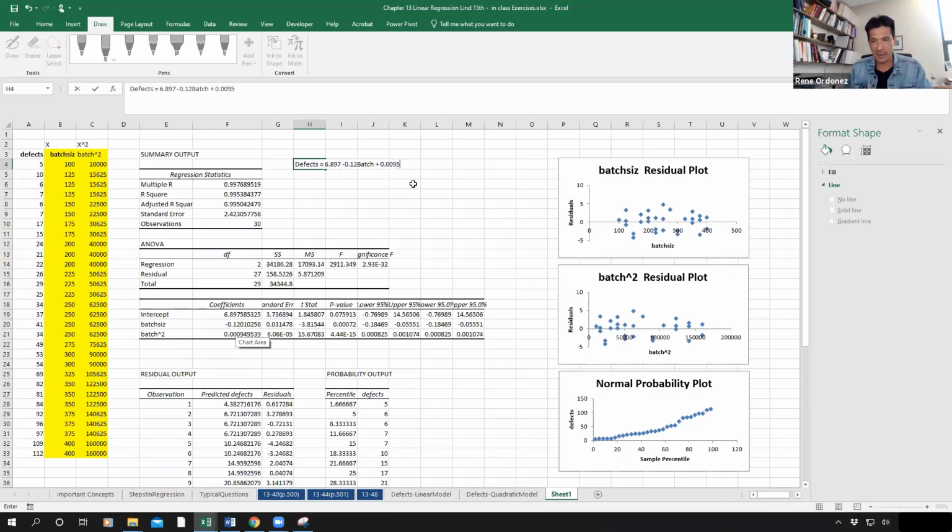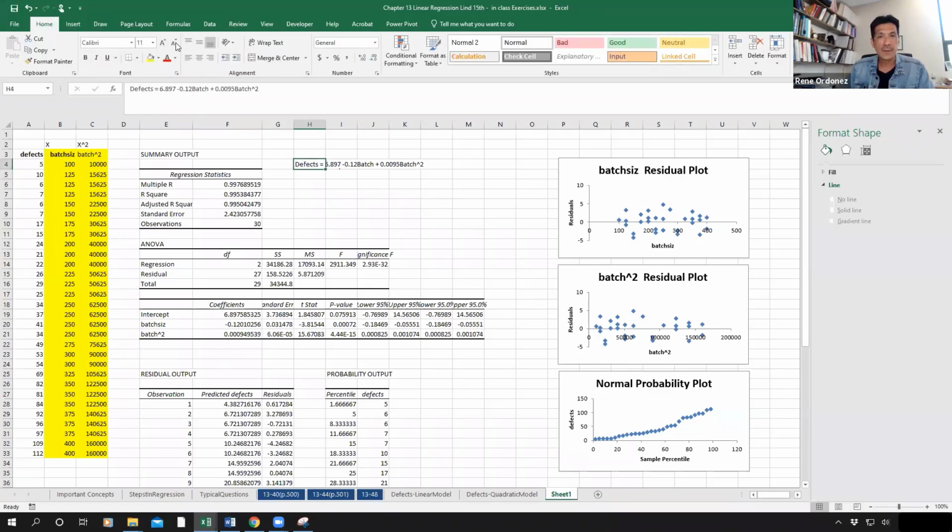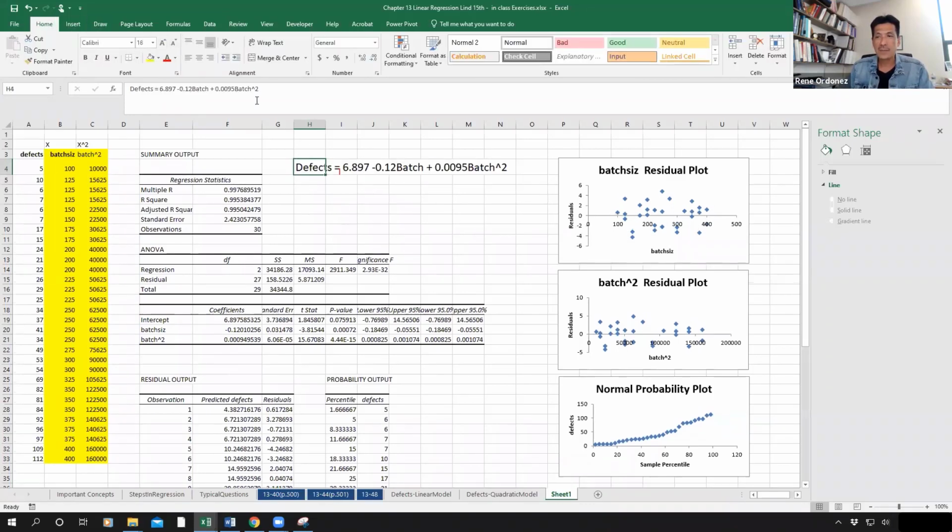I'm just rounding up. Batch squared. So this is what we call the quadratic model.